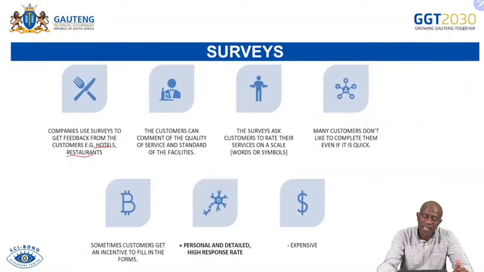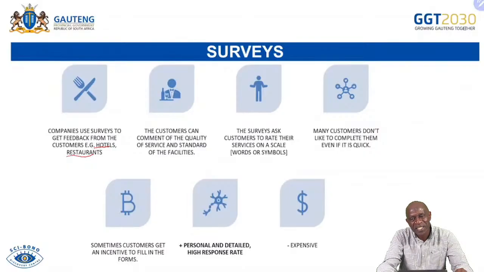As we further explain surveys, the customer can comment on the quality of service and standards of the facility. They are not only looking at the product or the service they get, but also the kind of facility where the service is rendered.